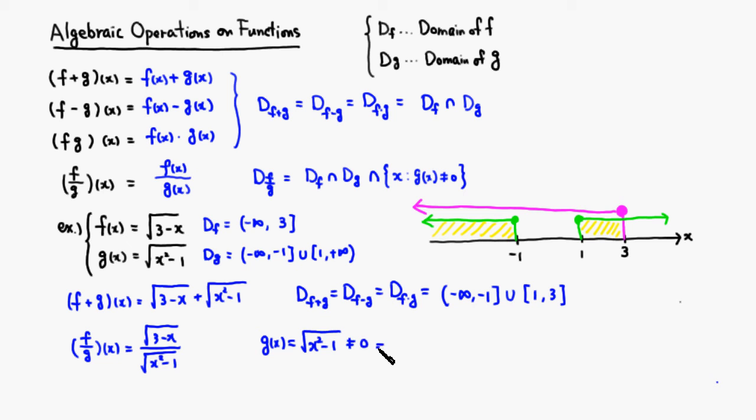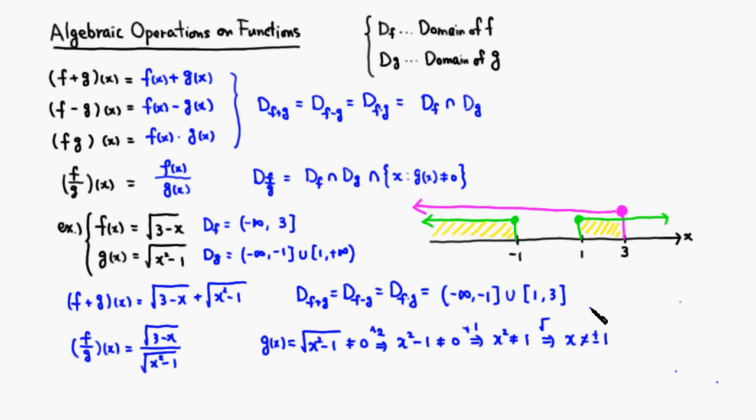Squaring both sides, x squared minus 1 cannot be equal to 0. Adding 1 to both sides, x squared cannot be equal to 1. Then we can take the square root of both sides, so x cannot be equal to +1 or -1.